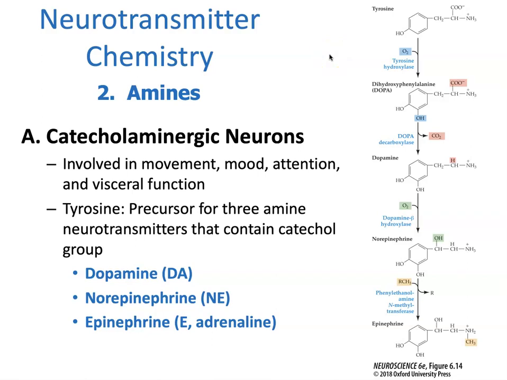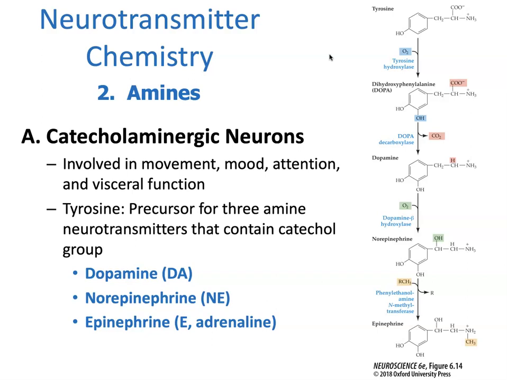And how are you going to get tyrosine? That's going to be more diet related and through phenylalanine hydroxylation. Phenylalanine is an essential amino acid, and phenylalanine will be increased in brain using phenylalanine hydroxylase, which is the enzyme that converts phenylalanine into tyrosine.